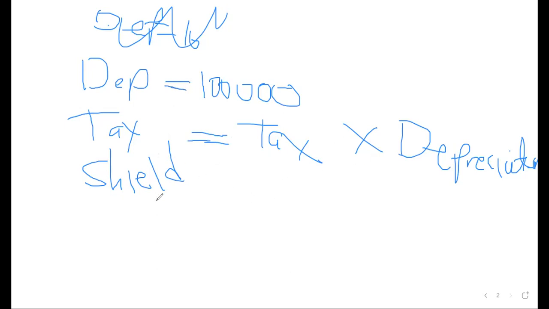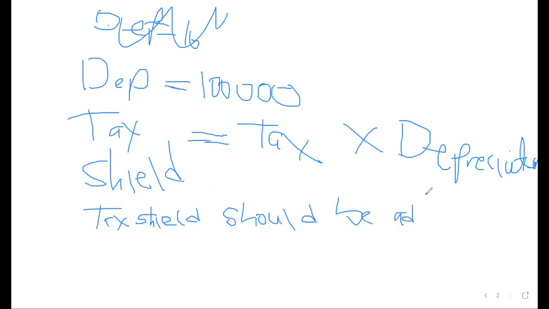So the tax shield should be added back to cash flows.